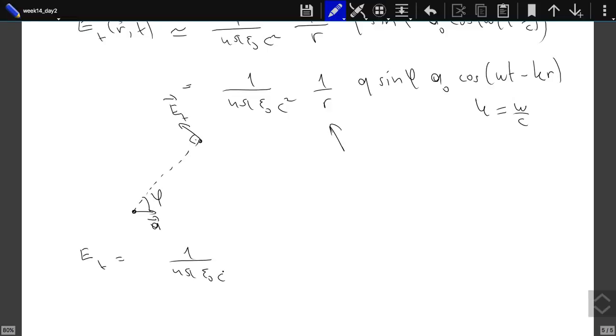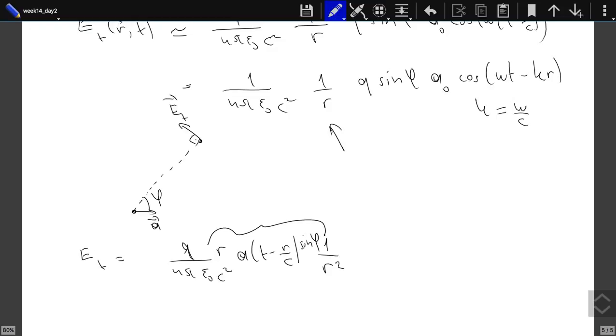This is equal to 1 over 4 pi epsilon 0 c squared a at t minus r over c times q times, now let me put the q here, and then we have the 1 over r. Let me write it r squared, and here r, and then we have the sine phi.